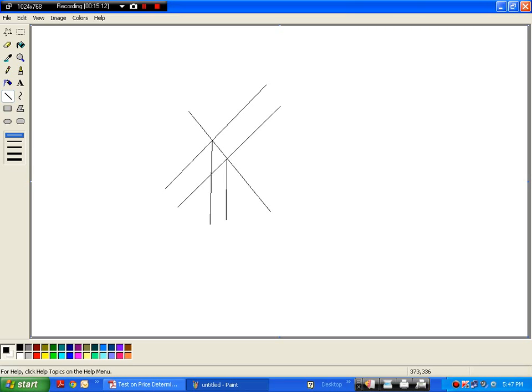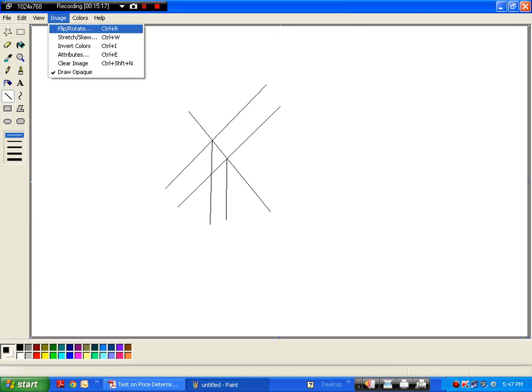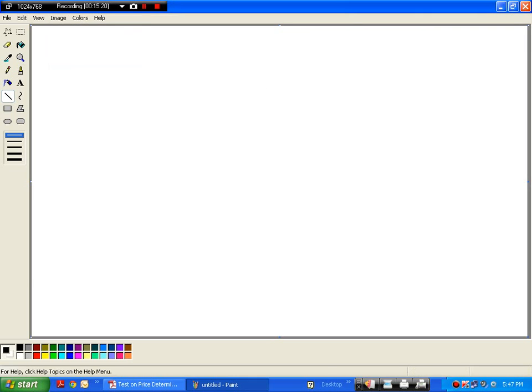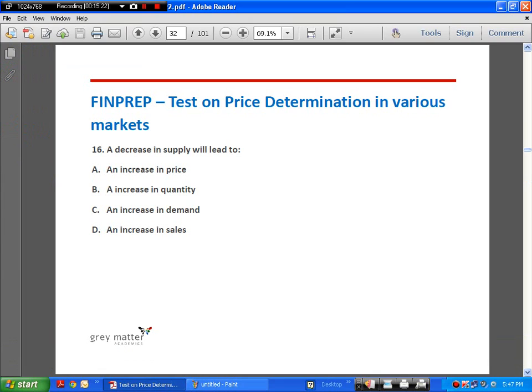So we can conclude that the quantity sold falls but price increases. So the right answer is an increase in price. We have seen that a decrease in supply will increase the price. Option A is the right answer.